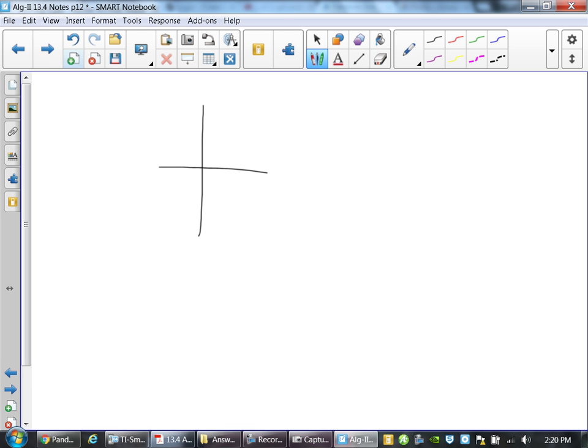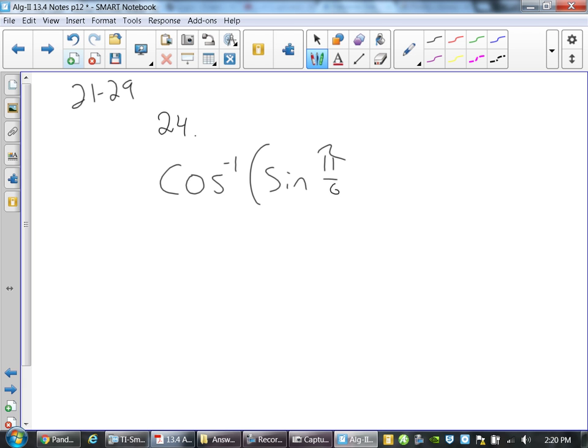So then you go to the back page. Again, I want to make sure I can do 21 through 29. Those mirror what we did towards the end of the day yesterday. If I look at 24, what angle has a cosine that has a sine of pi/6? It's working opposite from what we did a second ago.